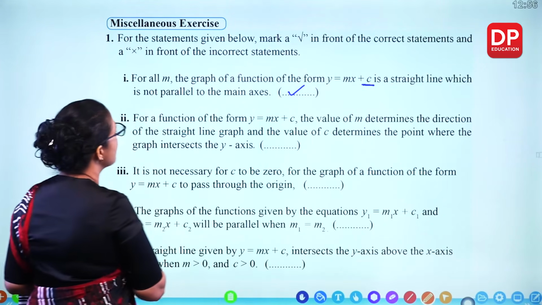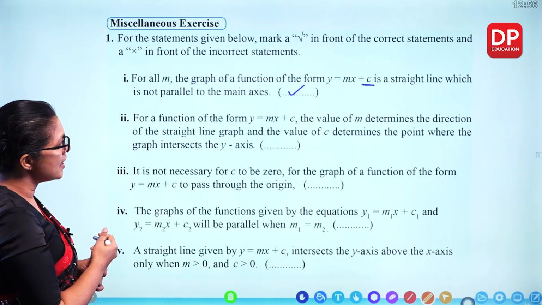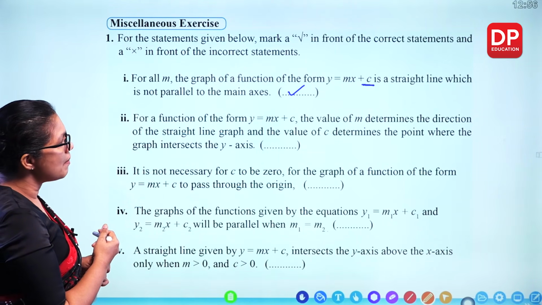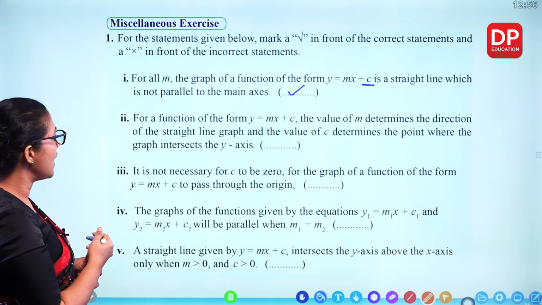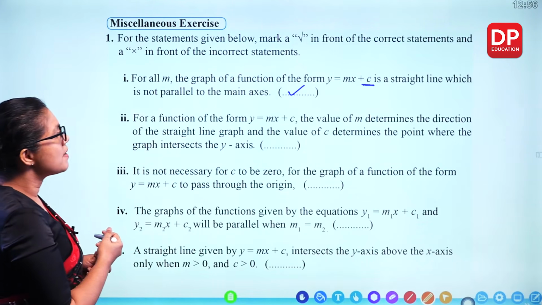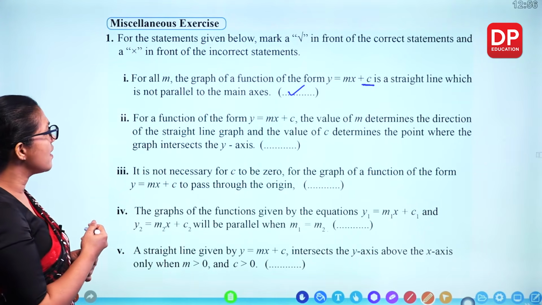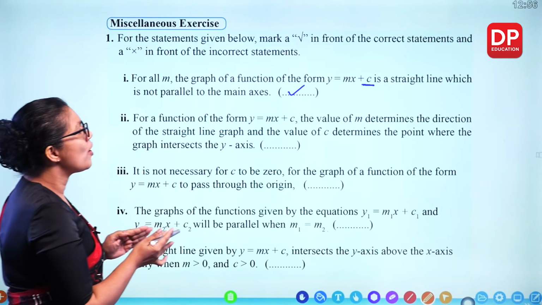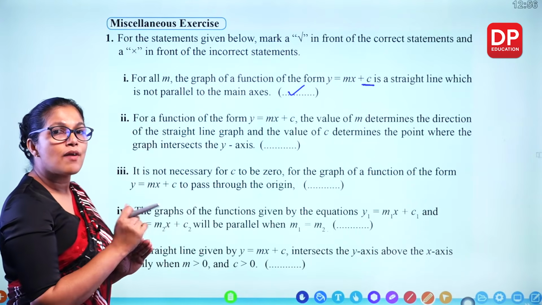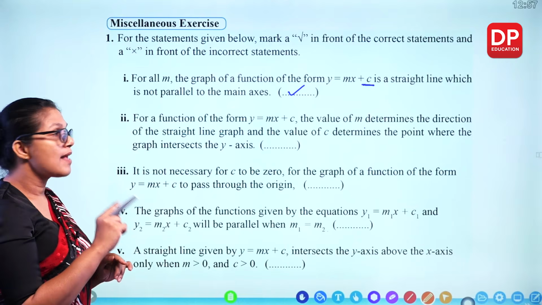So this is correct. For a function of the form y equals mx plus c, the value of m determines the direction of the straight line graph and the value of c determines the point where the graph intersects the y-axis. It's correct because m is positive, then the graph makes the angle with the x-axis is acute.